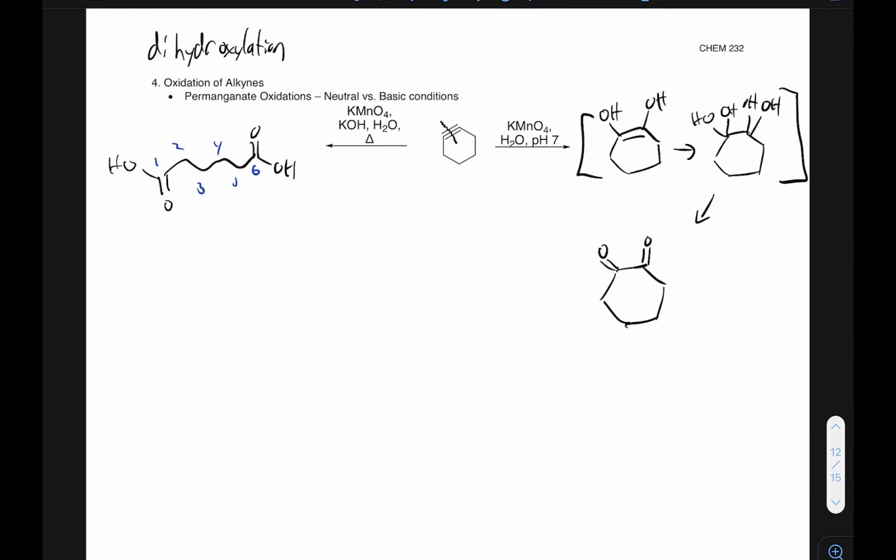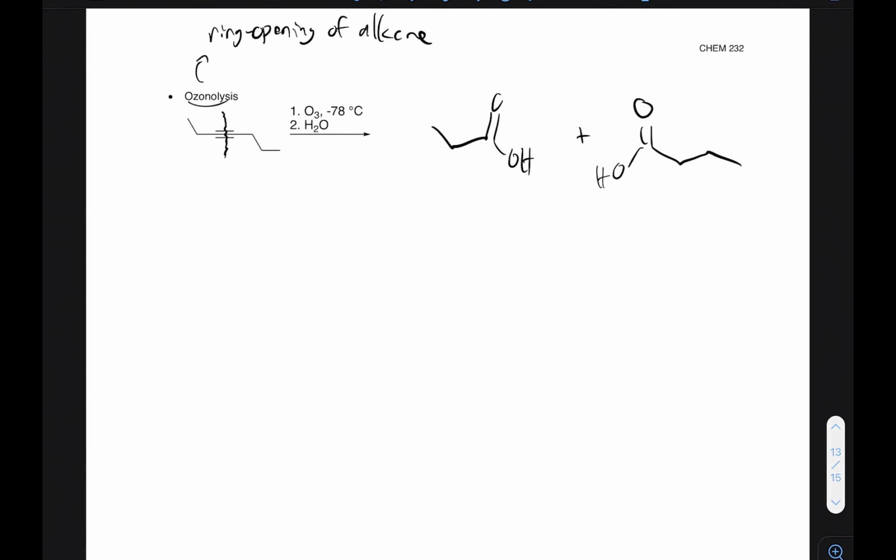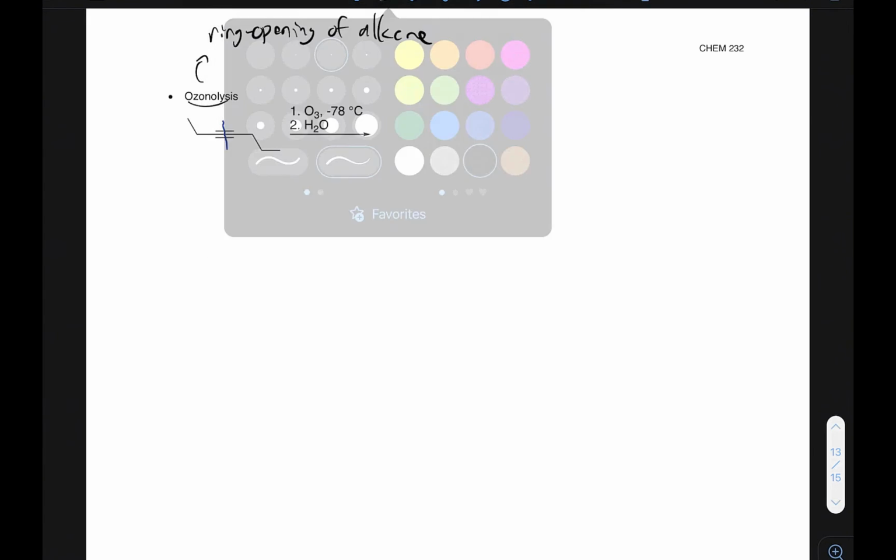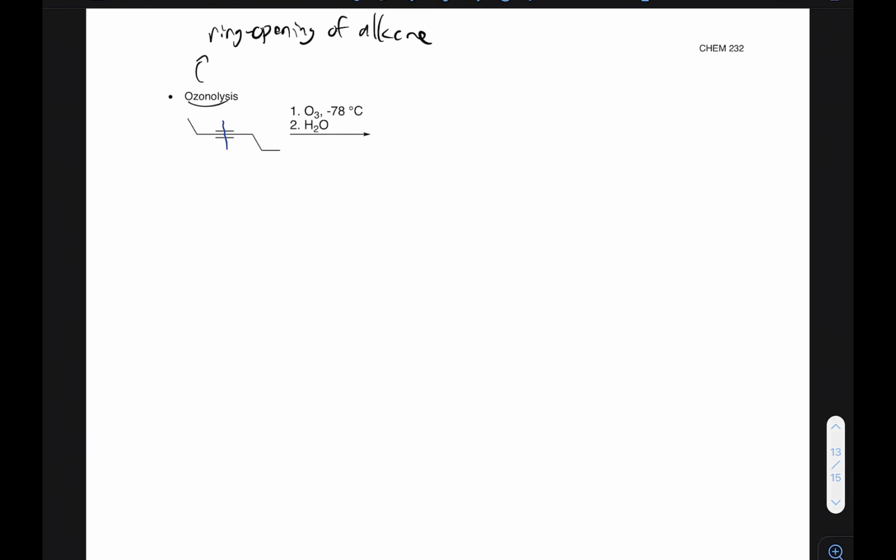And for this very last reaction, spoilers, I guess, ozonolysis, again a similar reaction to what we saw in Chapter 8, where we got a ring opening. Once again, this alkyne is going to split in half with these conditions, and we're going to get, again, 2 carboxylic acids.